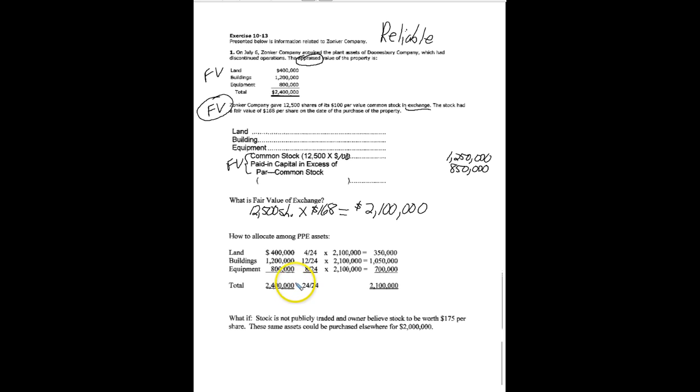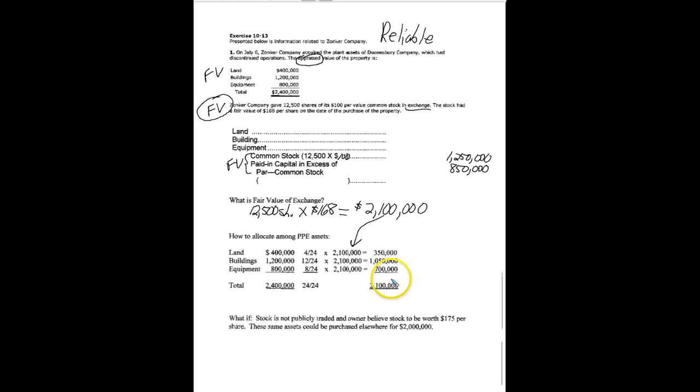If we buy several assets for one amount, and if we bought each of these separately, it might cost us $2,400,000, then land is 4/24 of the total, building is 12/24, and equipment is 8/24. I take those fractions times my actual cost. Fair value becomes the cost, and these are the assigned values.